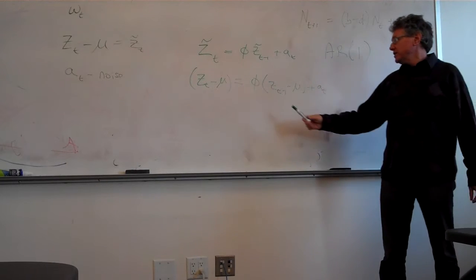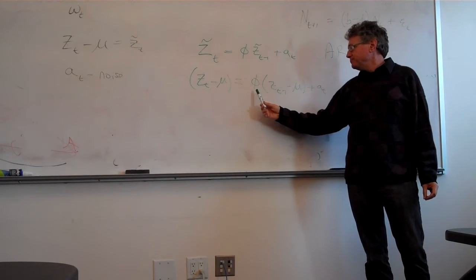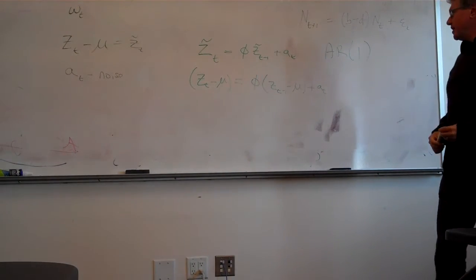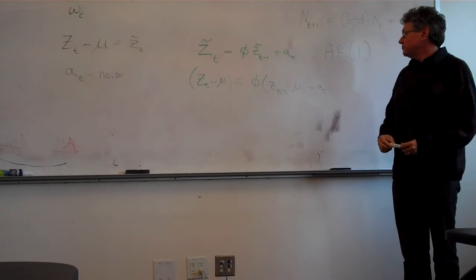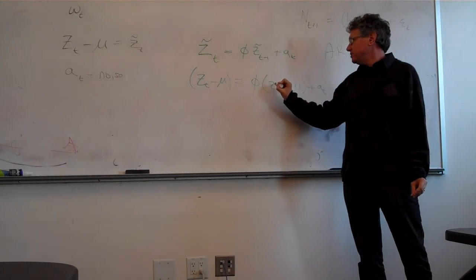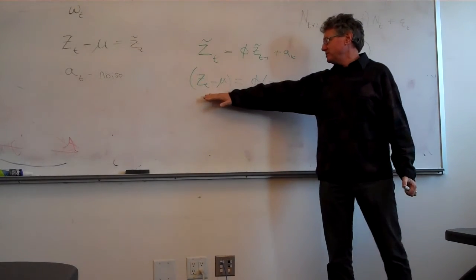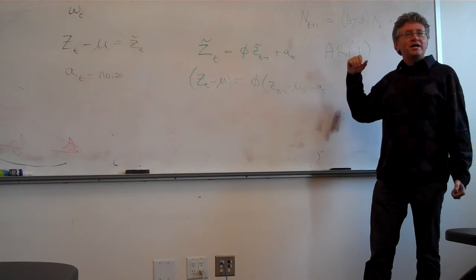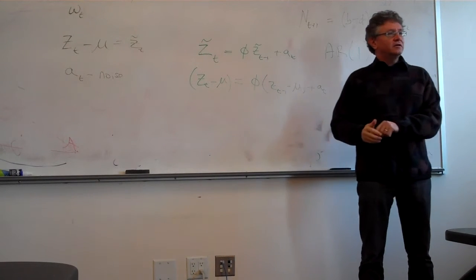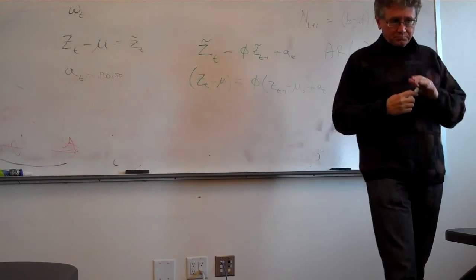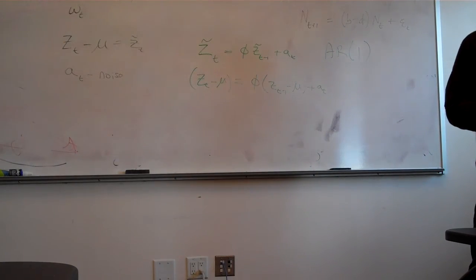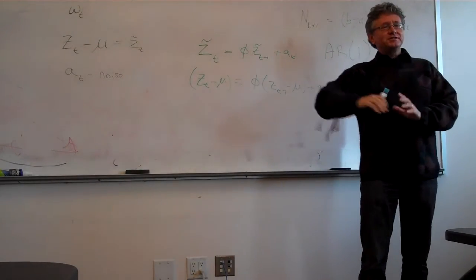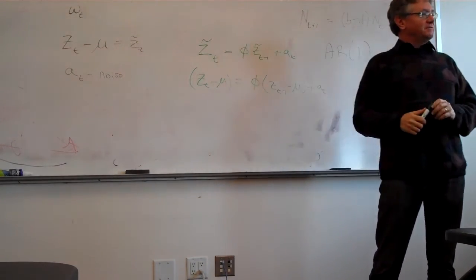If the correlation is 1, then really you're saying that the current value is the previous value plus a random shock. That actually gives you a random walk, and the variance of a random walk goes to infinity as time goes to infinity. And if phi is larger than 1, the process actually diverges even faster.